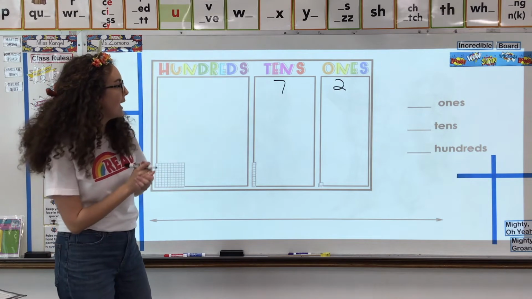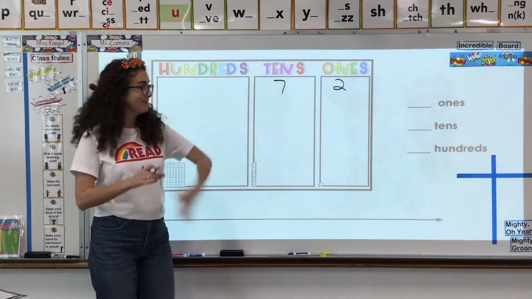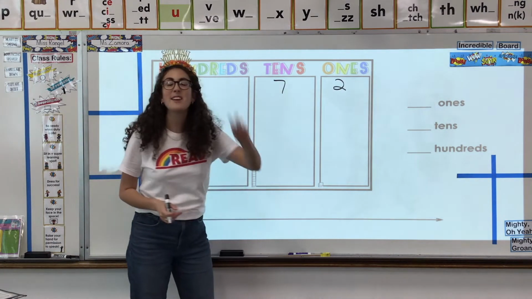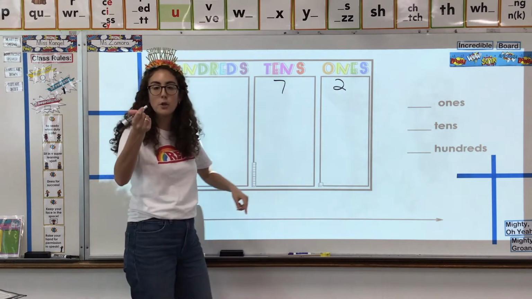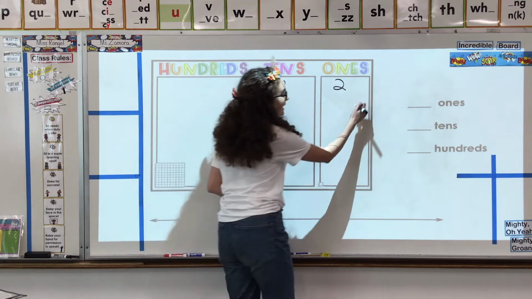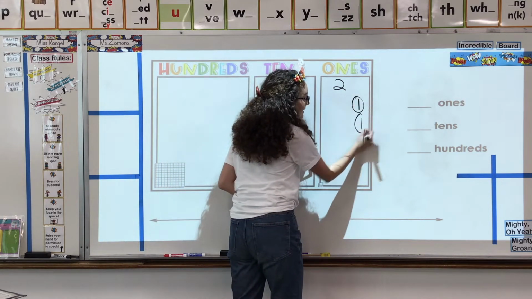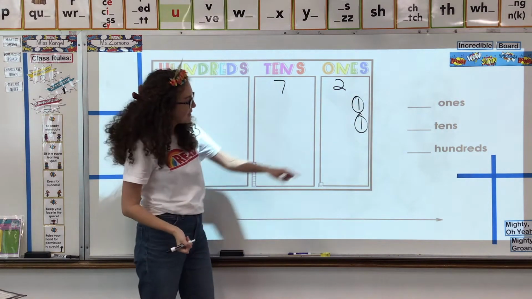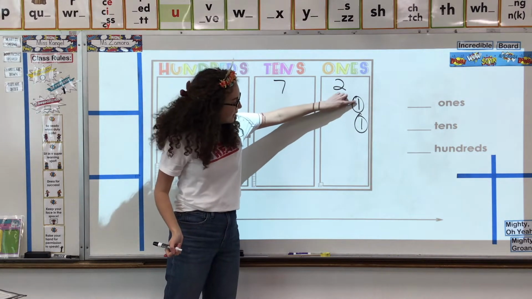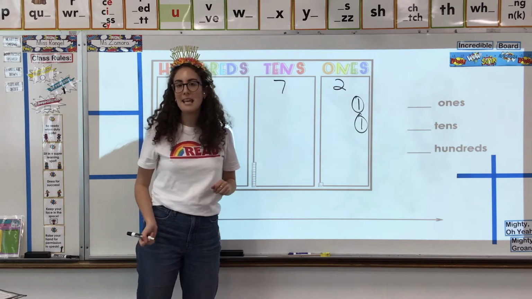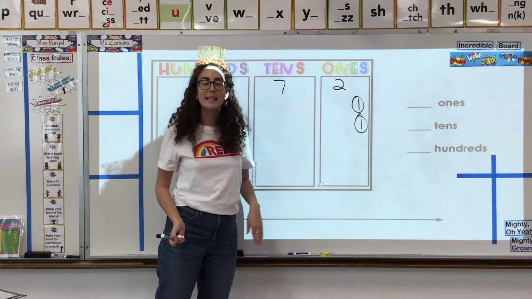How many ones? There's 2 ones. Can you go ahead and draw 2 ones with me? We're going to start drawing them as these little circles to show these little dots. So can you draw 2 ones? A circle with a 1 in the middle. 2 ones.